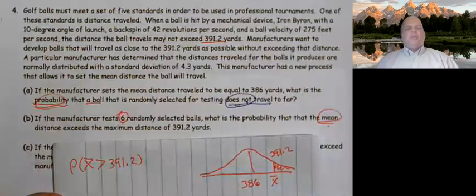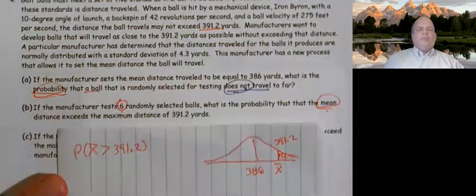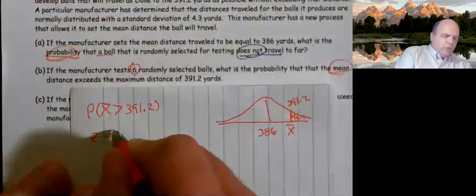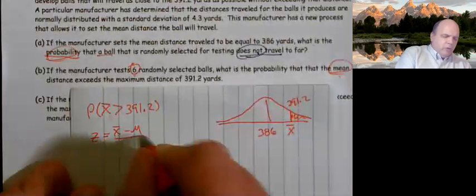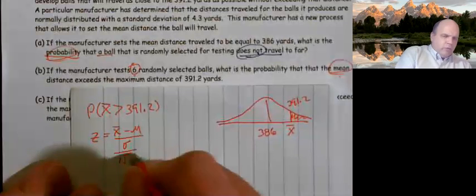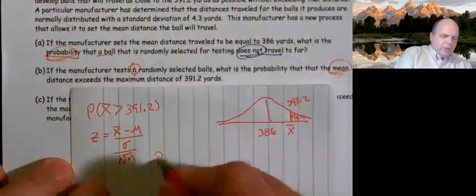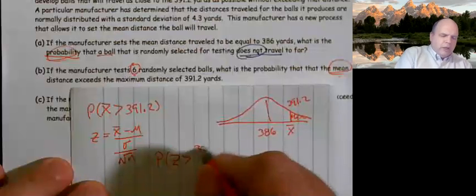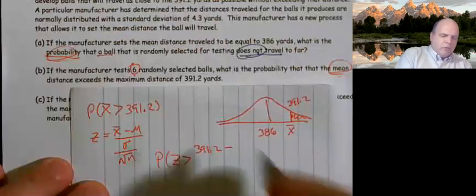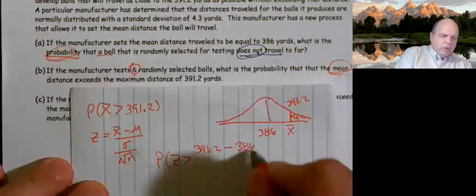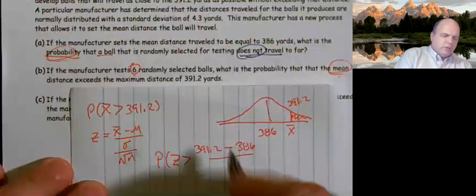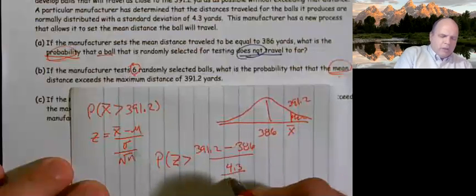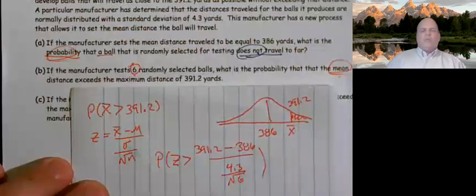Since it's X bar, z equals X bar minus mu over sigma divided by the square root of n. So that's the probability that z is greater than 391.2 minus 386 over 4.3 divided by the square root of 6.